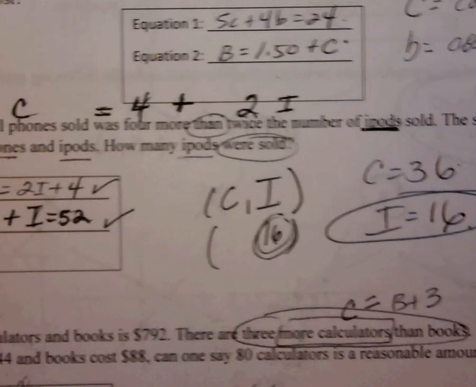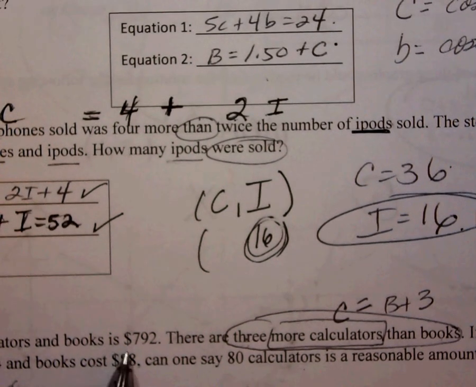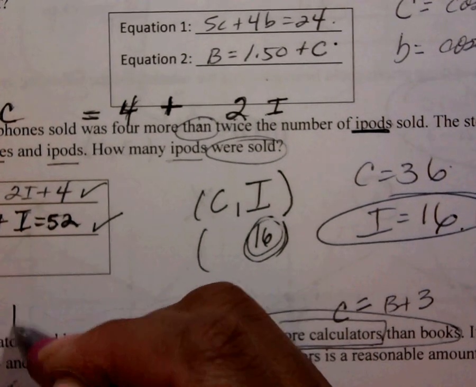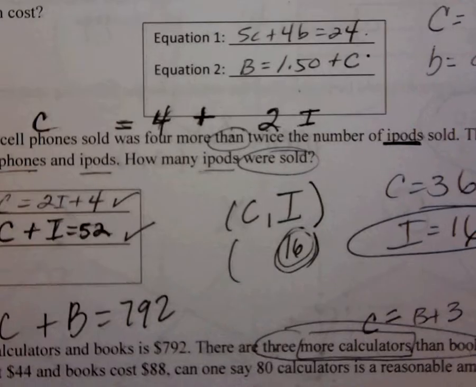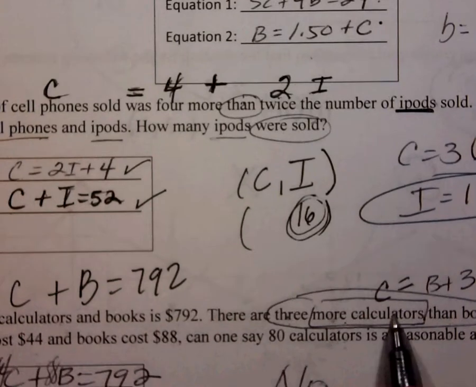Let's do number 14. The total cost of the calculators and books is $792. So you should get that C plus B is $792. Now, 3 more calculators than books.